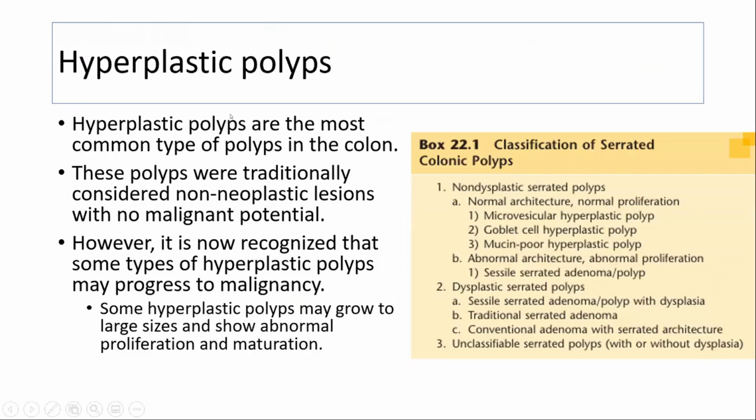Hyperplastic polyps are the most common type of polyp in the colon, traditionally non-dysplastic. However, now some may progress to malignancy. So this is the classification: non-dysplastic hyperplastic polyp, basically microvesicular and goblet cell hyperplastic, and we have the other serrated polyps.